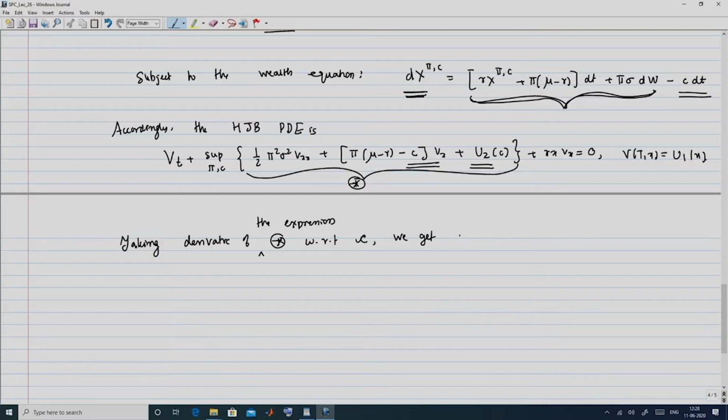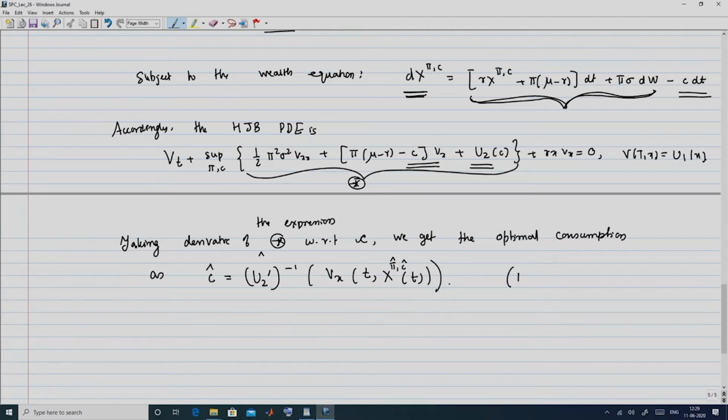So, we take the derivative in order to obtain the optimal consumption as c hat being equal to u2 prime inverse of V_x(t, X(t)), driven by the optimal portfolio pi hat and the optimal consumption c hat. Here, the inverse notation is nothing but the notation that f inverse of f(x) is going to be equal to x.